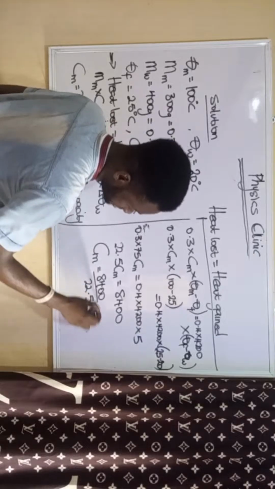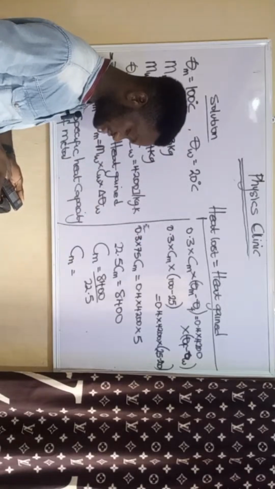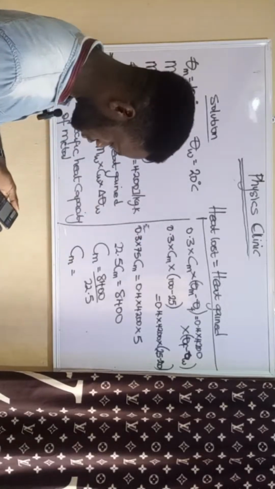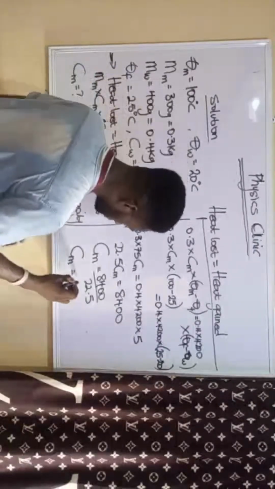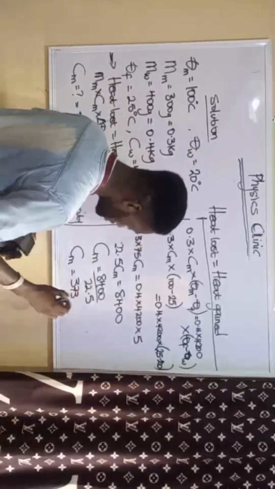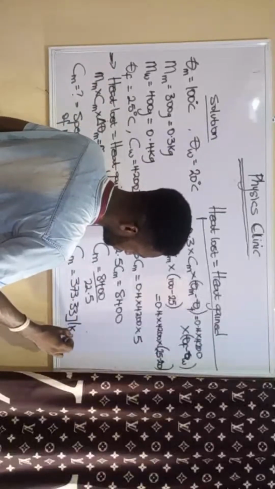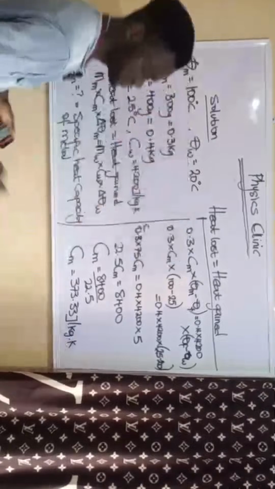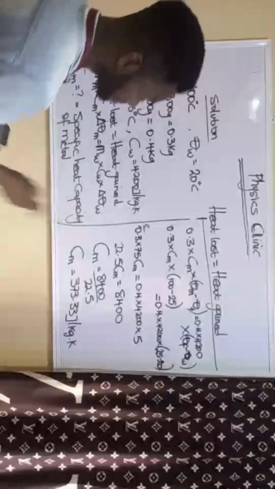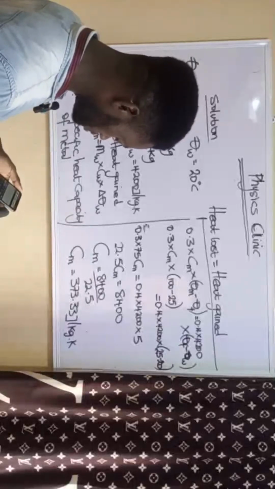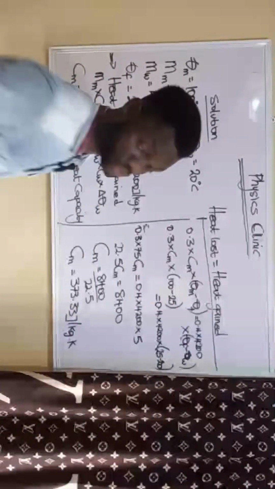So at the end of the day, my specific heat capacity of metal, 8,400 divided by 22.5, should give me 373.33 joules per kilogram per Kelvin.